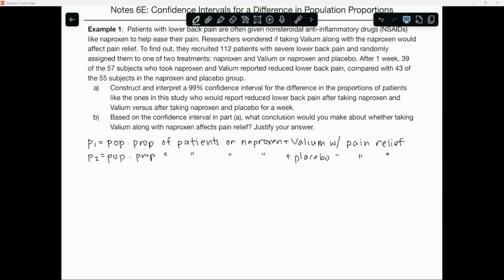For my state step, I should go through and identify everything that I was given. So I know that I have two groups. I have the number of successes and sample size for group 1.